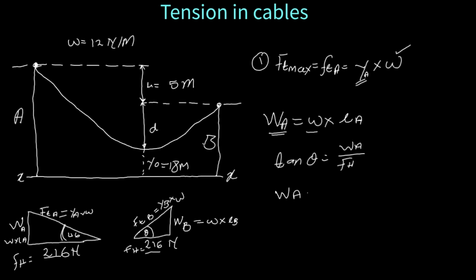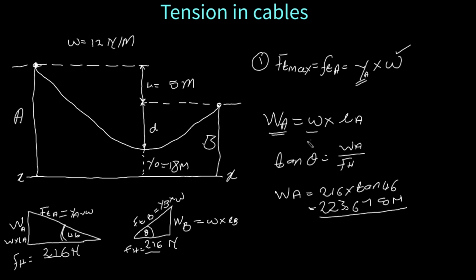WA is equal to 216 times tan 46, which is equal to 223.675 newtons.